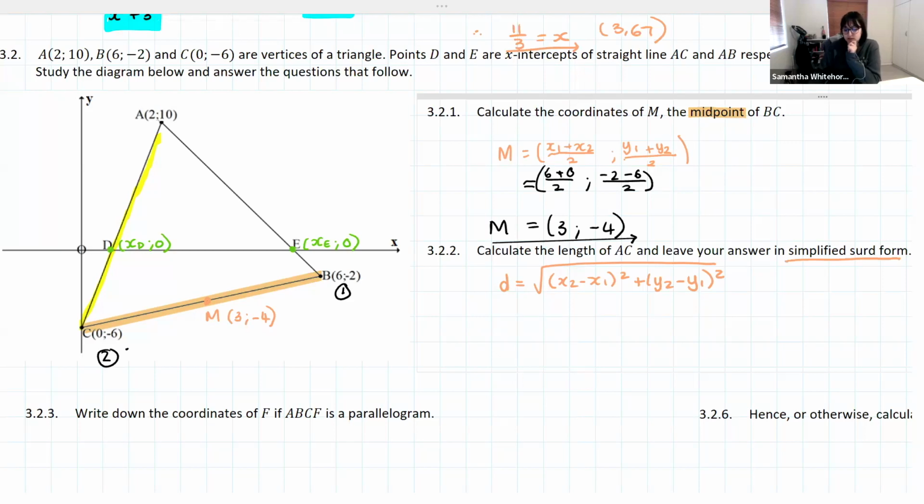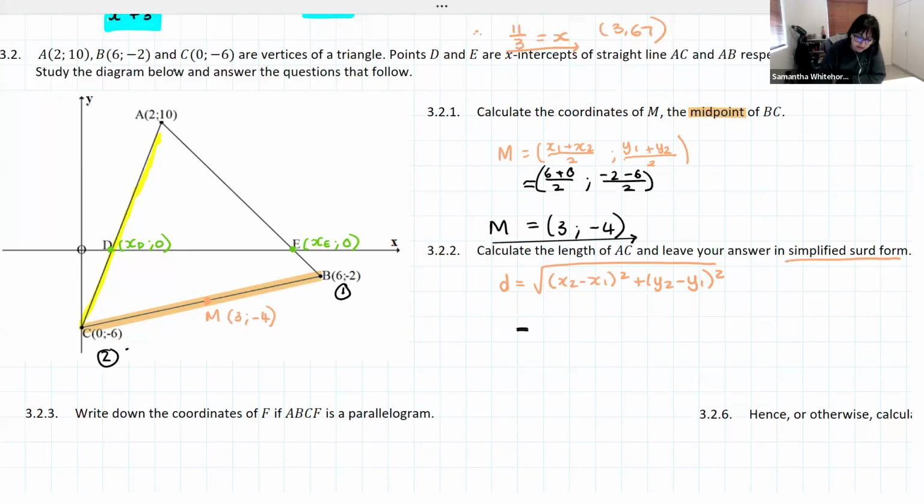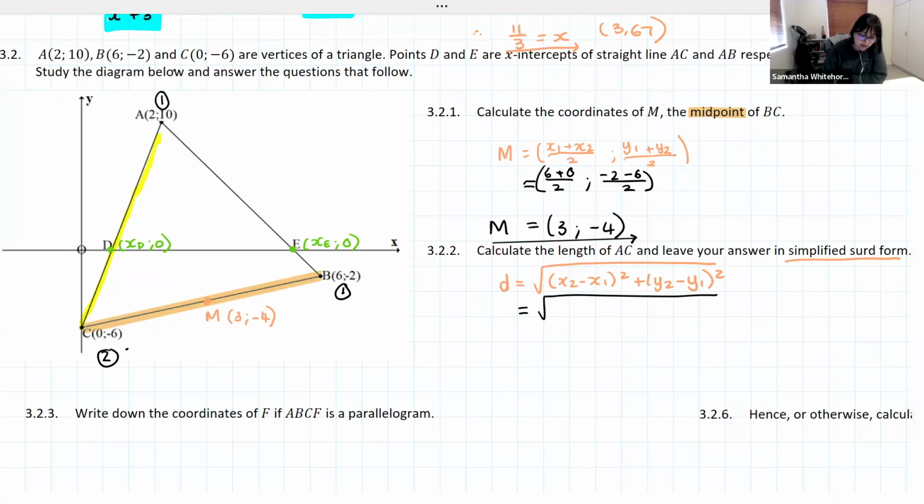Amazing, grade 12s, well done. Okay, so it really is just as simple as substituting in square root. Okay, apparently not, so we'll try again. Square root, doesn't matter which point is which, makes no difference. C is already labeled point 2, so I'm going to label A point 1. So x2 is 0 minus 2 squared plus negative 6 minus 10 squared.